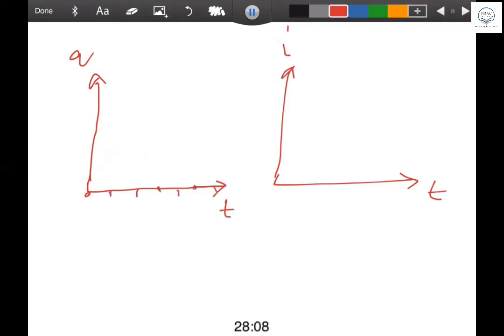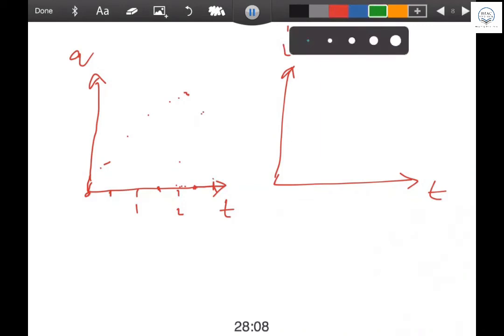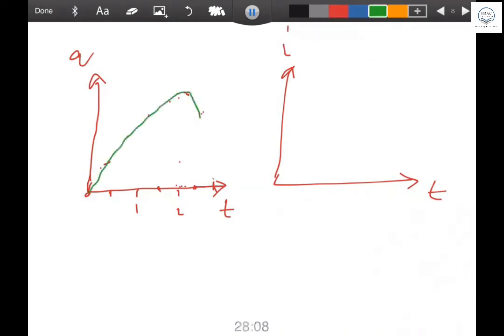If you get the points, you see that 1 and 2, and this is 3, right? So at time 2.12 you get the maximum. The curve will come like this.